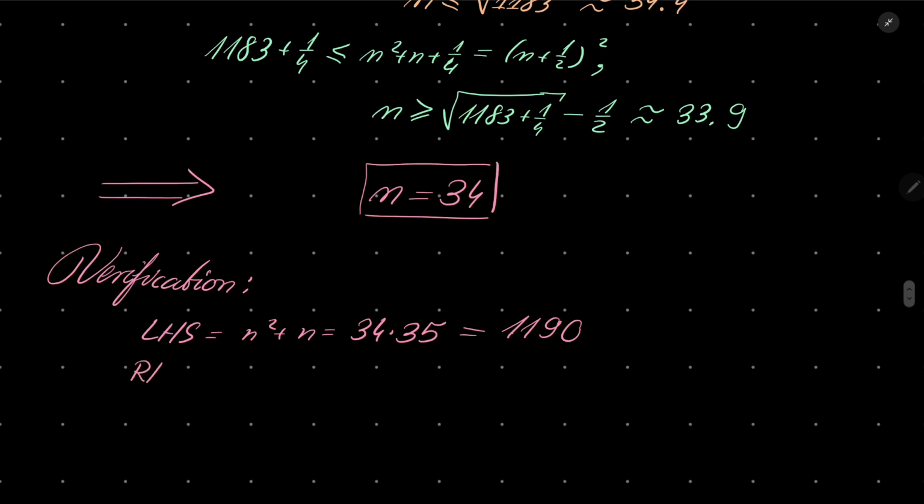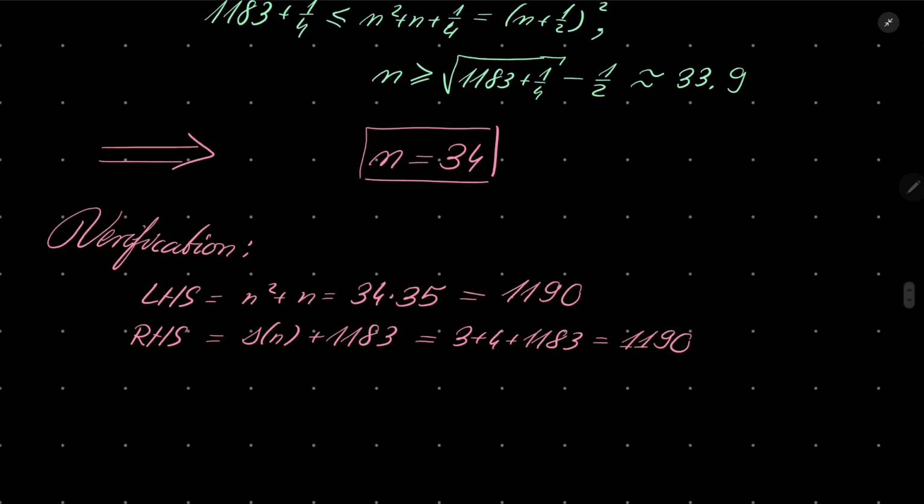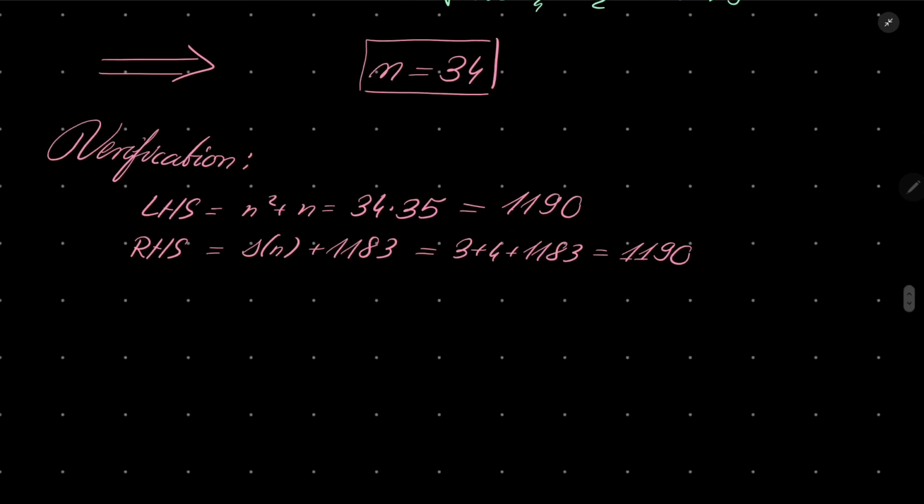And on the right hand side, we have S of n plus 1183. The sum of digits of 34 is 3 plus 4, and 7 plus 1183 is 1190. Very well. So indeed, this is the only solution.